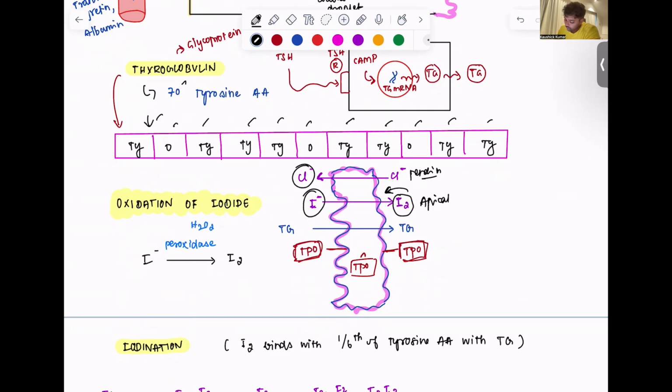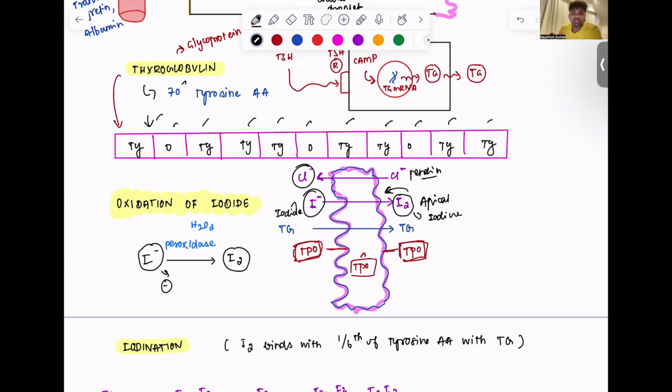Here you can see iodide is negatively charged, but once it gets across the apical membrane, it becomes iodine. This form is iodine; the negatively charged form is called iodide. The process where iodide loses its negative charge is called oxidation. Oxidation is basically loss of electron. So iodide loses its electron and becomes iodine.